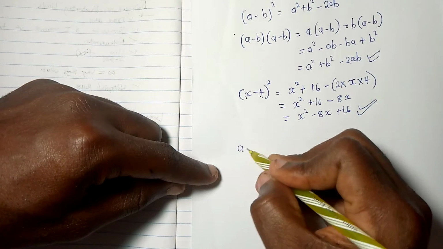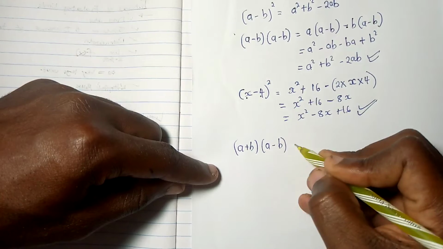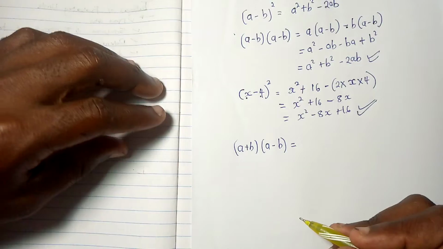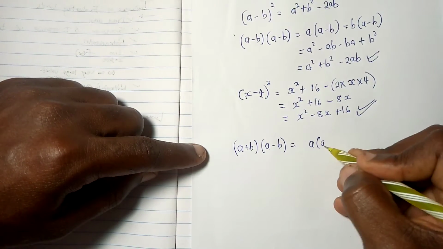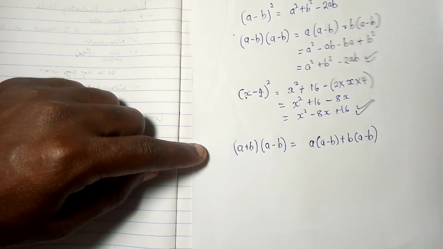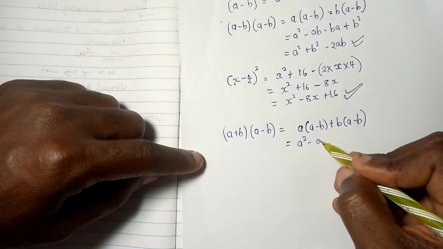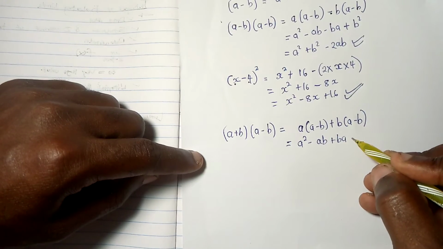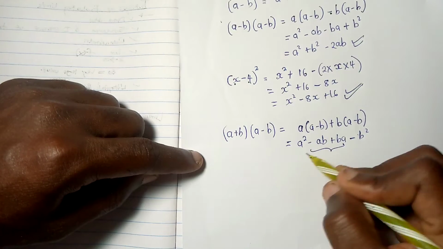Now if you have a plus b and you are told to multiply with a minus b, let us see what we are going to get in this case. Let us just open the brackets. We are going to get a squared minus ab plus ba minus b squared, and these will cancel out.